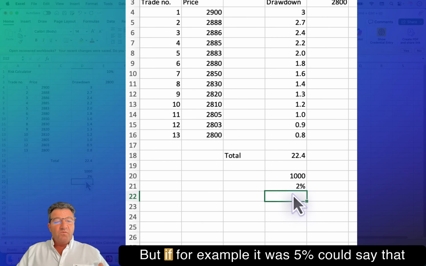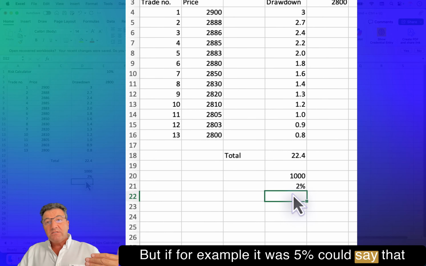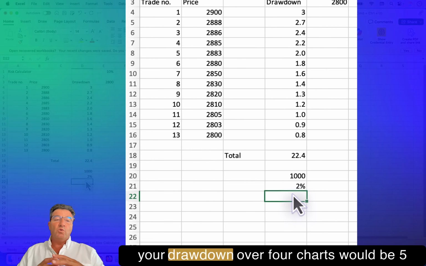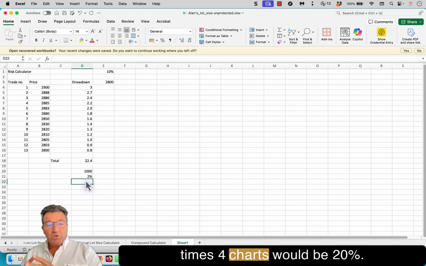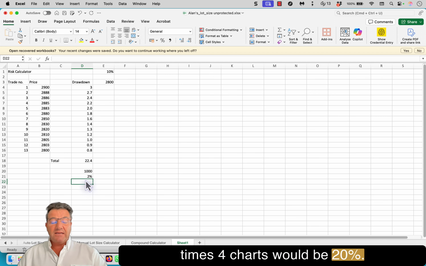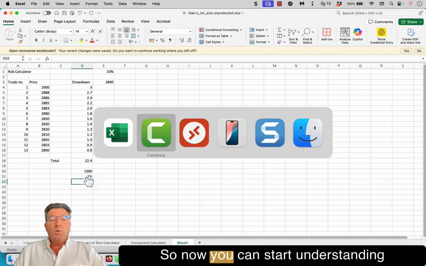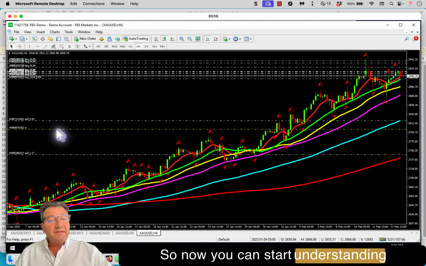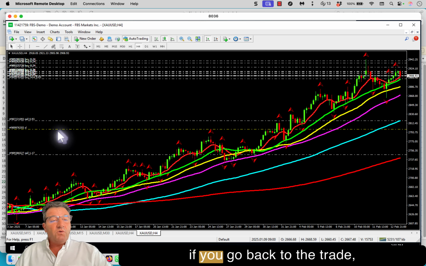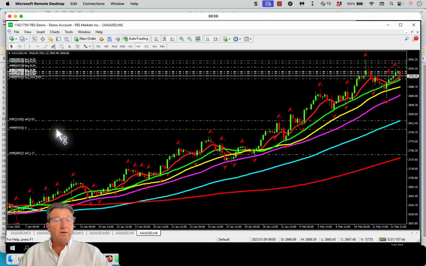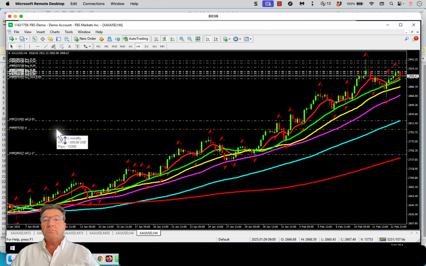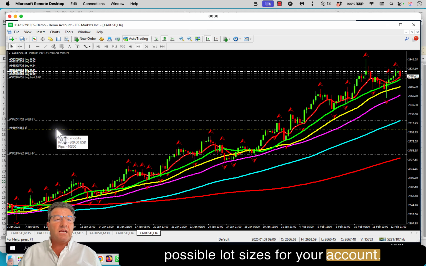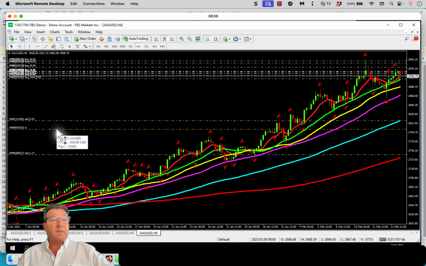But if, for example, it was 5%, you could say that your drawdown over 4 charts would be 5 times 4 charts, which is 20%. So now you can start understanding, if you go back to this trade, how to contain your drawdown and how to get the best possible lot sizes for your account.